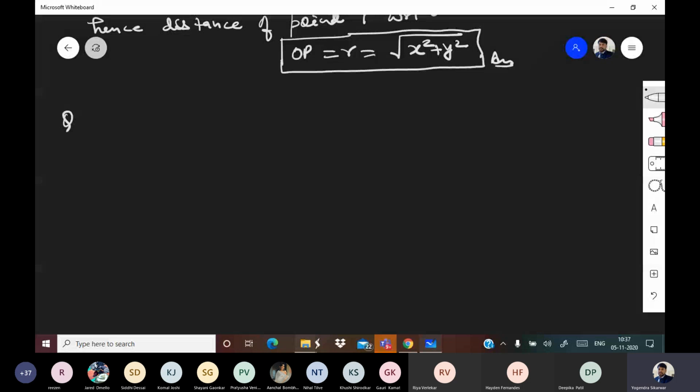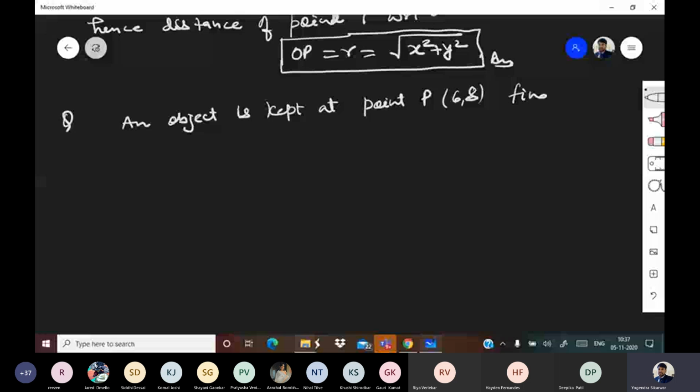An object is kept at point P (6, 8). Find the position vector of the object.